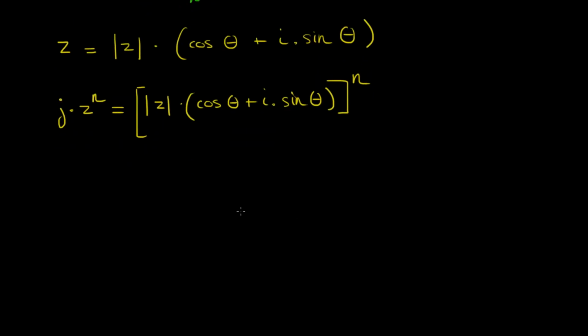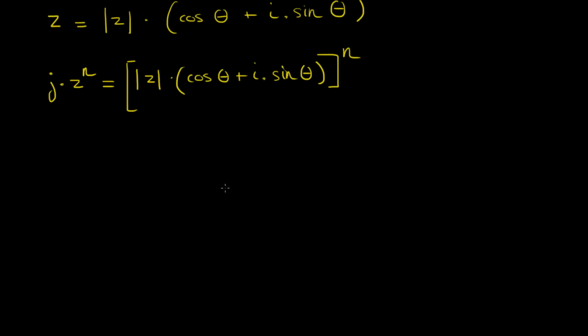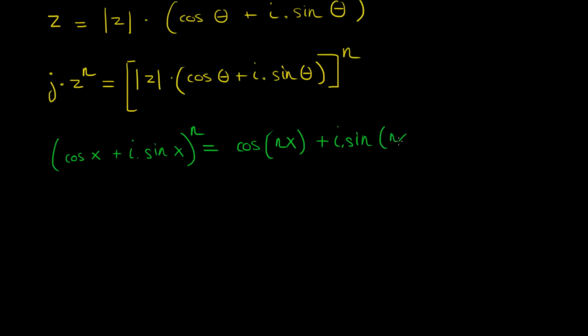So we can simplify this relationship using the De Moivre formula. The De Moivre formula states that cosine of x plus i times sine of x, taken to the power of n, is equal to cosine of nx plus i times sine of nx.